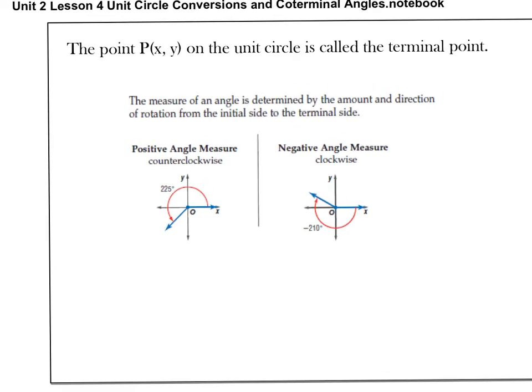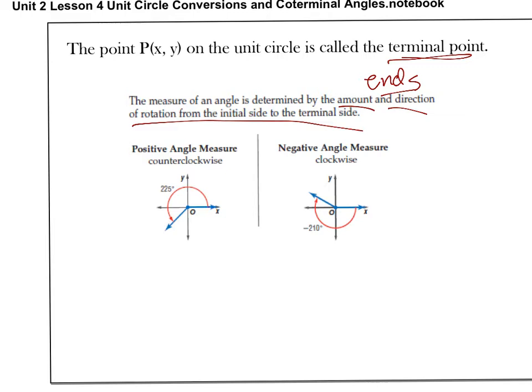So what does that have to do with us? On the unit circle, we have what is called a terminal point, and it is exactly what it sounds like. Terminal means ends. So where does your point on the unit circle end? The measure of an angle is determined by the amount and direction of rotation from the initial side to the terminal side.